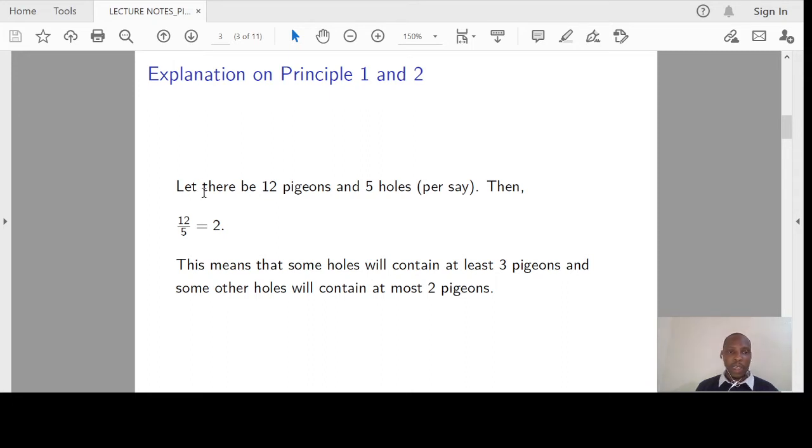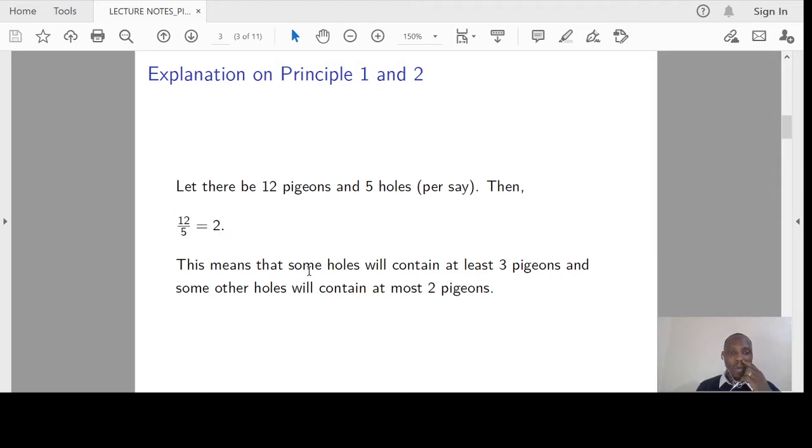For instance, let there be 12 pigeons and 5 holes. What we want to do is this: all these pigeons must be contained in these holes. You can see that pigeons are more than the holes. Then 12 divided by 5 will be 2 point something, so some pigeonholes will contain more than 2.